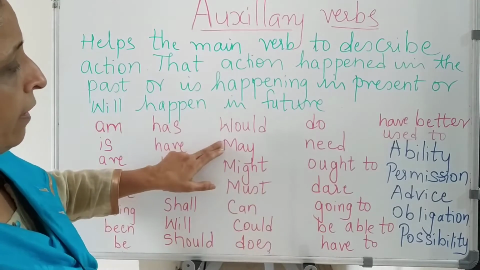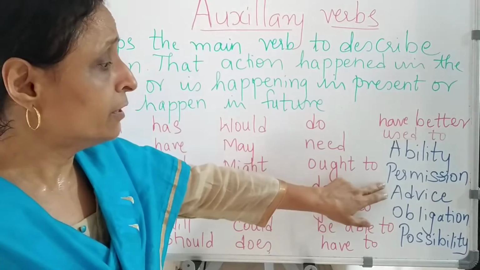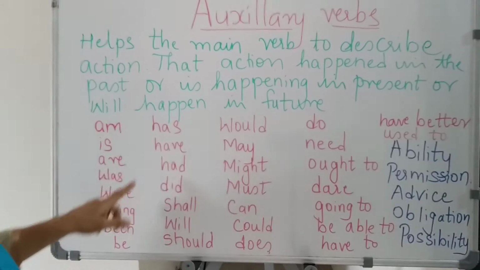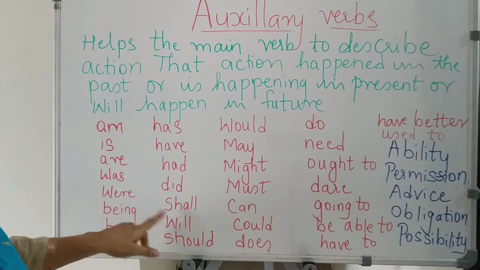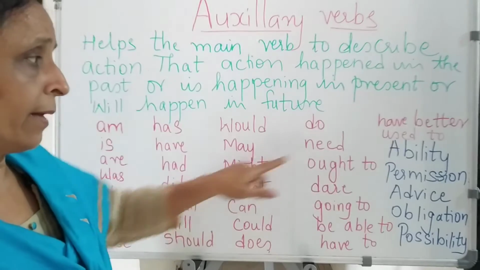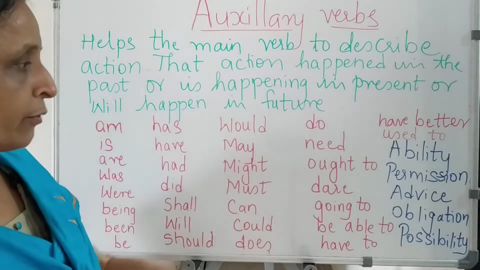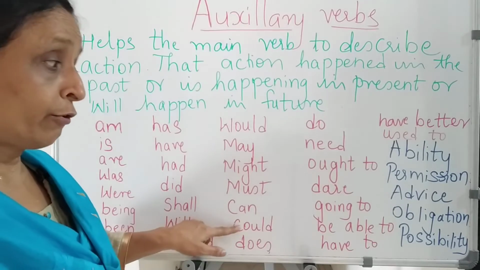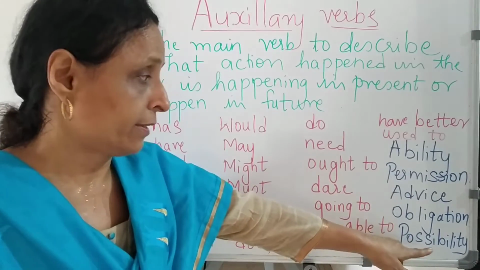So here may shows permission, or it may show possibility. And then she can do it, she could do it, that shows ability. She can do it, that shows ability. Now again, she could do it shows possibility.